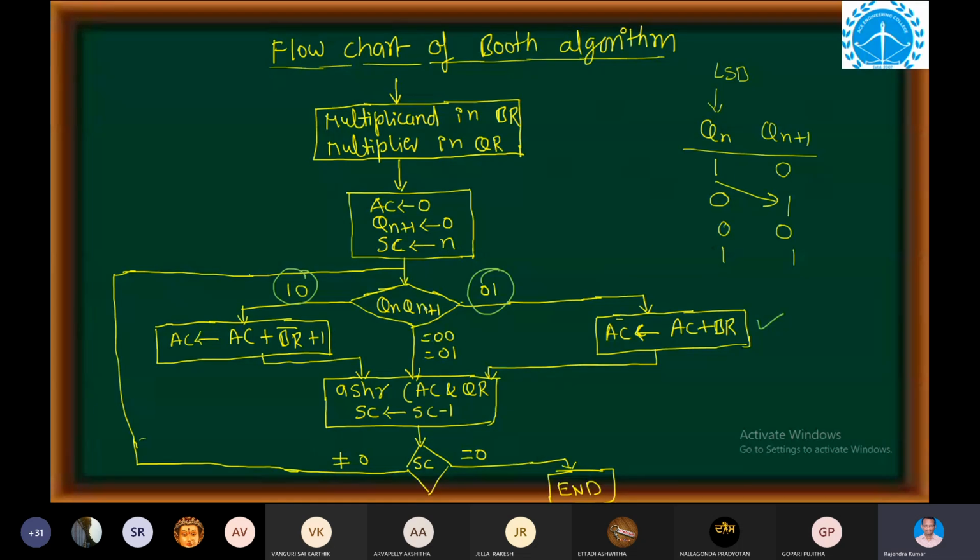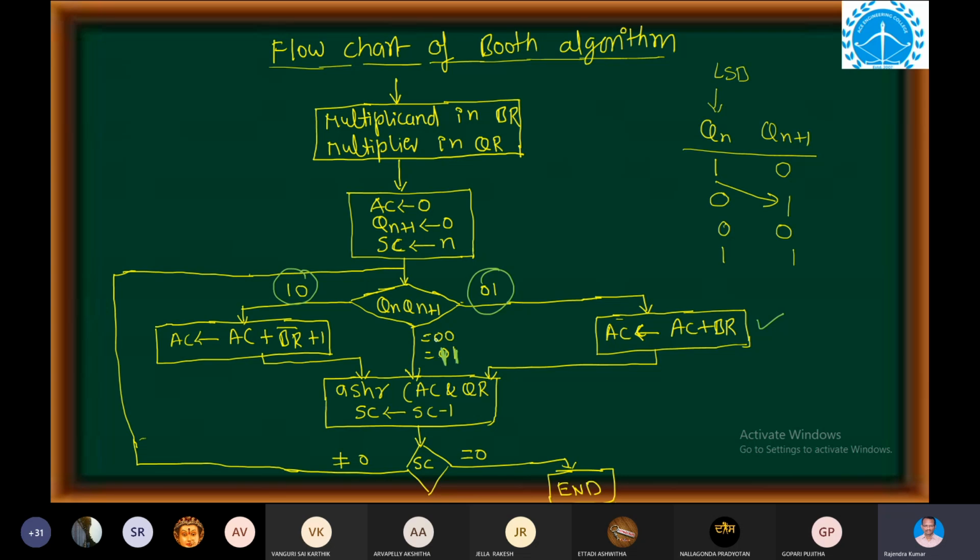Okay. Then if the two bits are 0, 0 or 1, 1, that means if both bits, Qn and Qn plus 1, are equal, we simply perform arithmetic shift right, and the sequence counter is decremented.